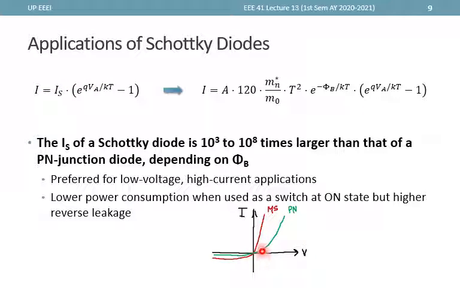So for the same applied voltage, the MS Schottky diode achieves a larger current. Now, if we have a requirement to give out a high current, then for the same current, the MS Schottky diode will need a low voltage or can be operated with a lower voltage.